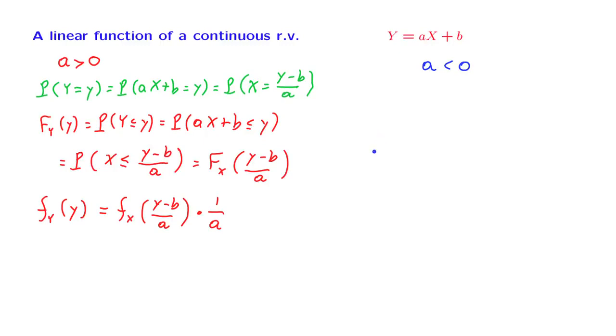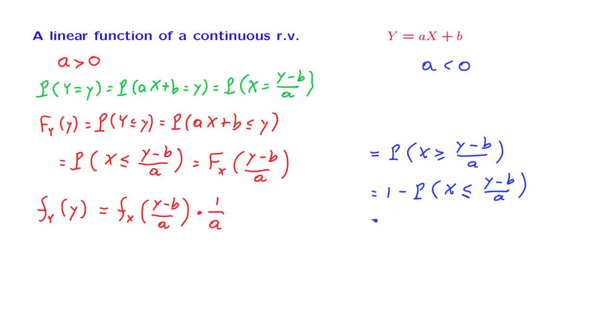So we obtain instead the probability that x is larger than or equal to (y minus b) divided by a, and this is 1 minus the probability that x is less than (y minus b) over a. Now x is a continuous random variable, so the probability is not going to change if here we make the inequality to be a less than or equal sign.